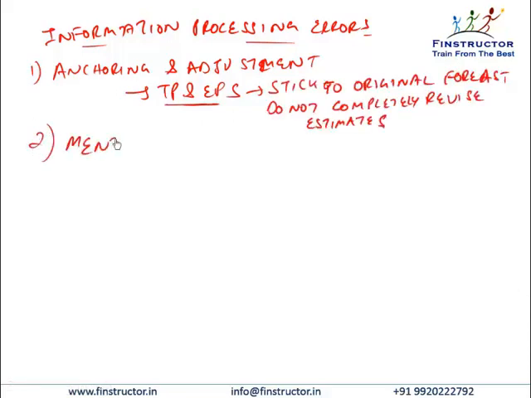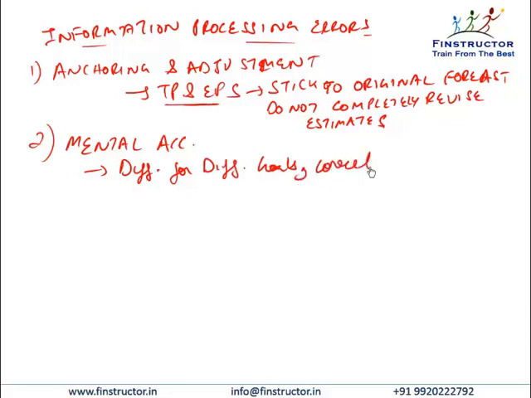The second information error is mental accounting. That is, investors segregate their portfolios by their goals. So different portfolios are created for different goals. Correlations are ignored, resulting in suboptimal allocation.